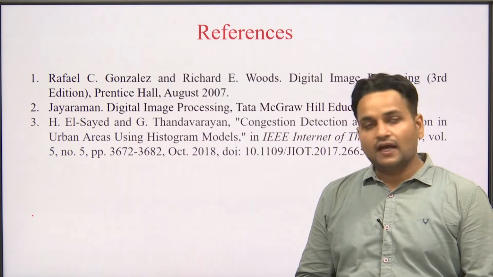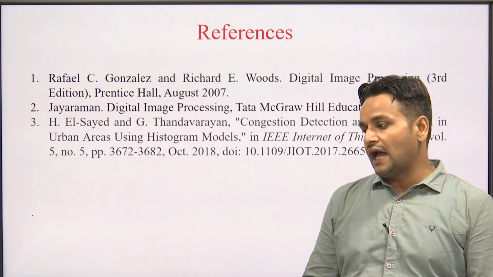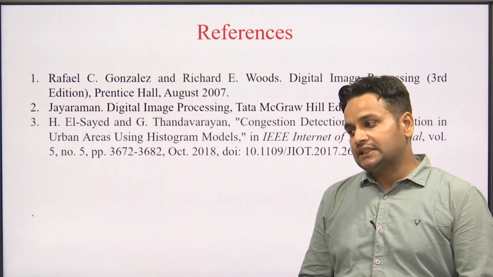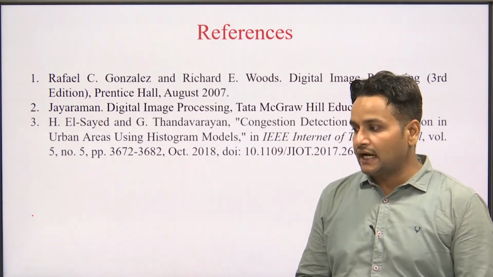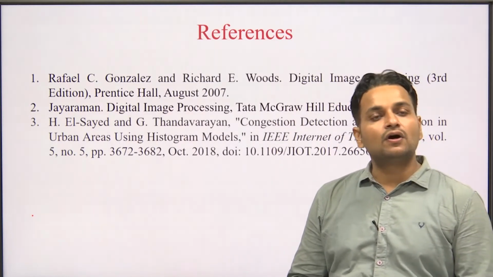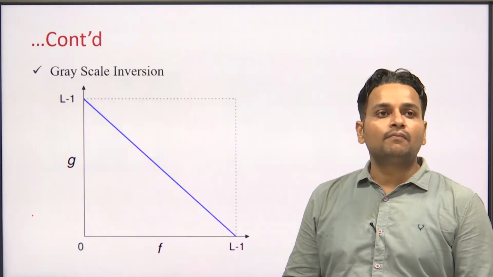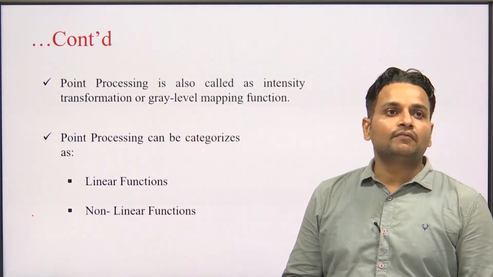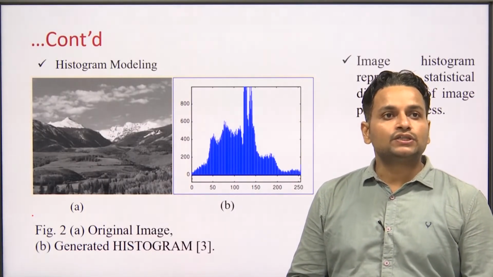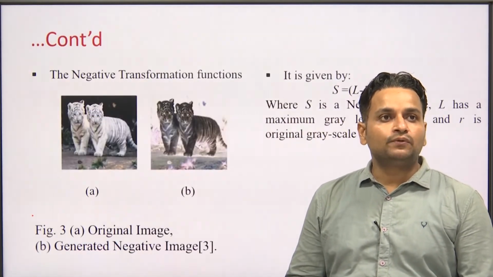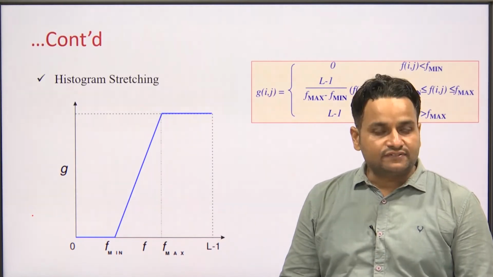And the third one, which we are actually using in this particular lecture, is a journal paper. We have taken the reference of this paper, Congestion Detection and Propagation in Urban Areas Using Histogram Model, because in this lecture we have covered many histogram processes. From the start we used histogram modeling, after that histogram stretching.